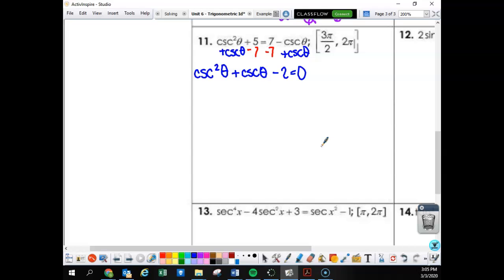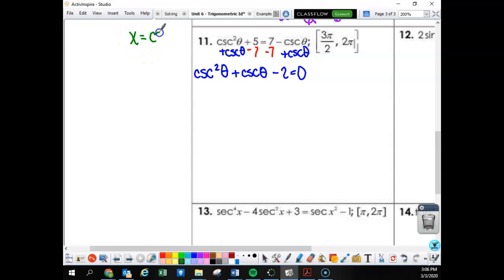All right. Now, here we're going to factor, using either your box method or, if you already know how to factor without it, that works too. Okay, so here, I'm going to change cosecant to just be x.